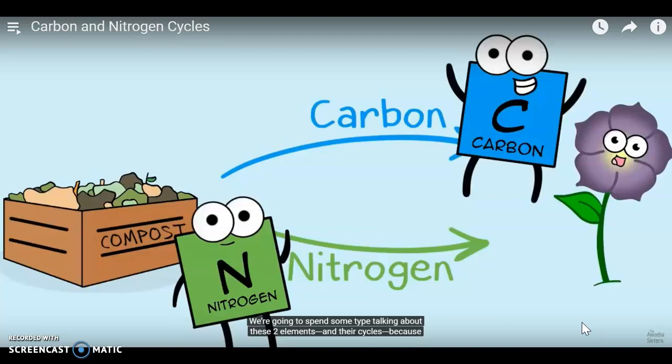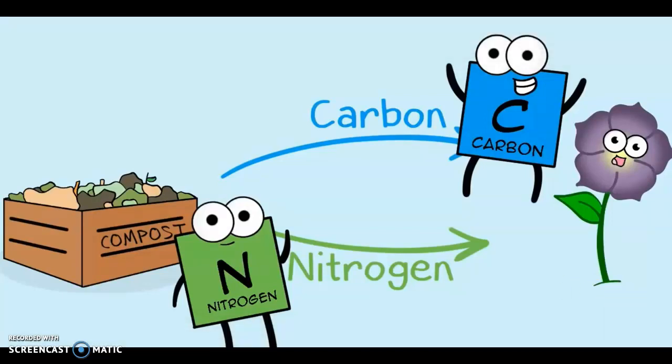And then remember CHO, CHON, CHOMP, so C in CHO is in all of those. But N, nitrogen, is in proteins and nucleic acids as well. So they're a part of our biomolecules, and they're also super important for life in general. Like this flower needs these things. So we'll talk about these two elements and their cycles because both of them are so important for life.